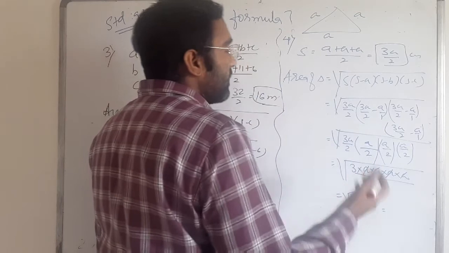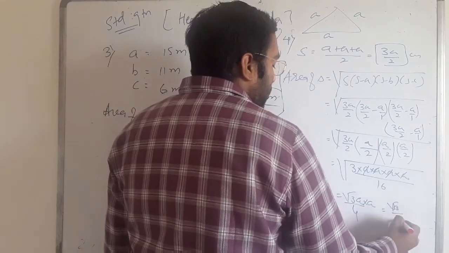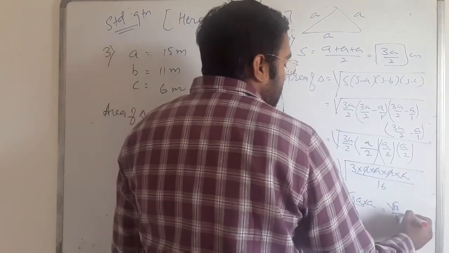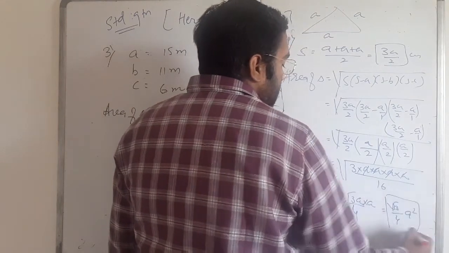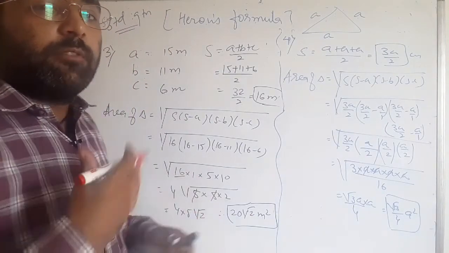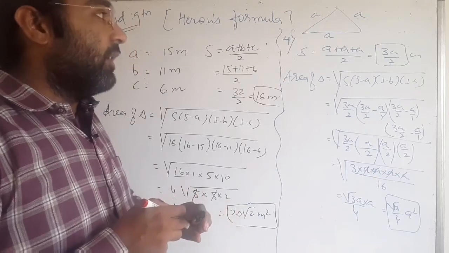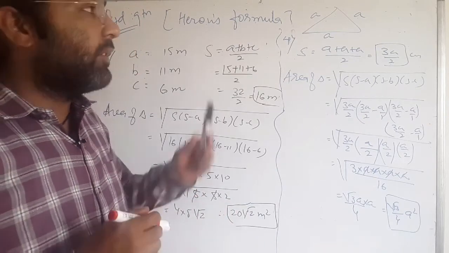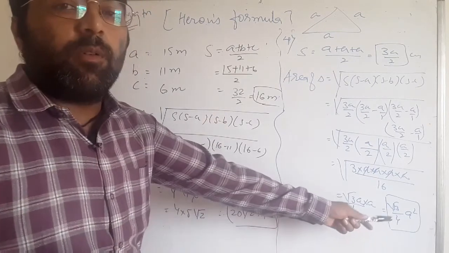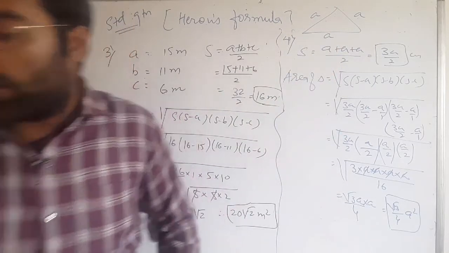So my answer, the area of the triangle, is root 3 by 4 into a square. What is my a? a is the side of the triangle. So if there is an equilateral triangle, the area of the triangle is root 3 by 4 side square, where a is the side of the triangle.